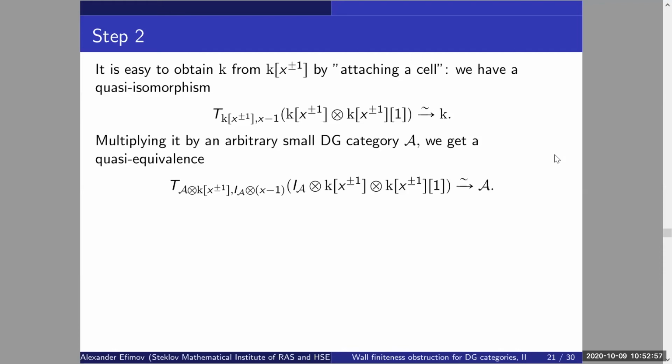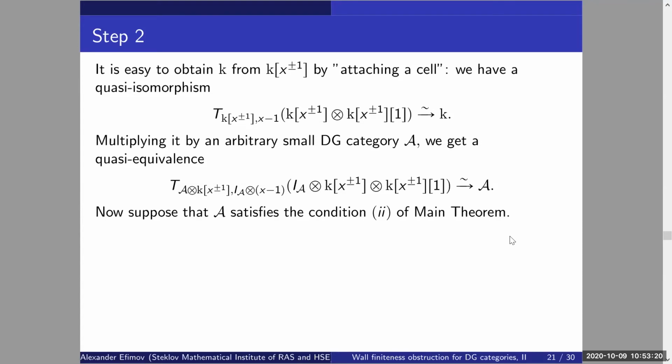And then we can just multiply this by an arbitrary small DG category. So we get that A can be obtained from this A cross Laurent polynomials, again by this deformed tensor algebra, but now we have the diagonal over A tensored by this free module of rank 1. But now we need to use this assumption on the diagonal bimodule, on its class in K0.